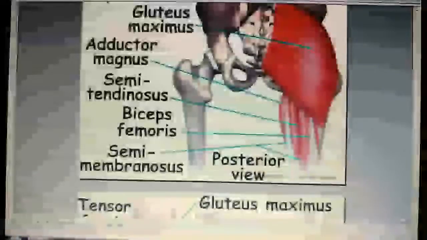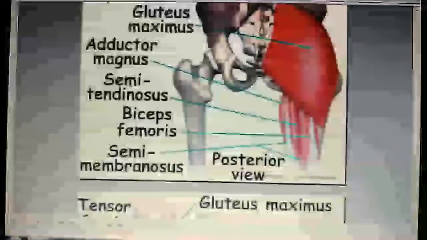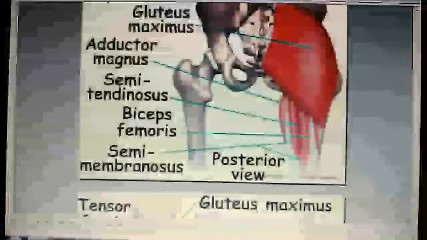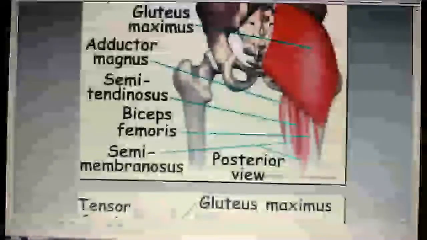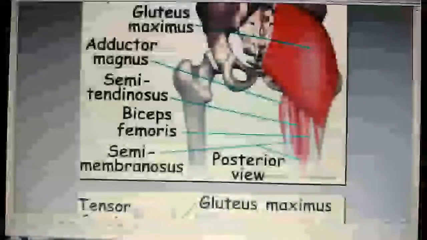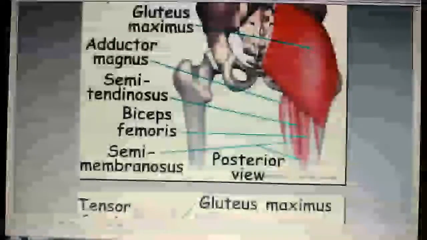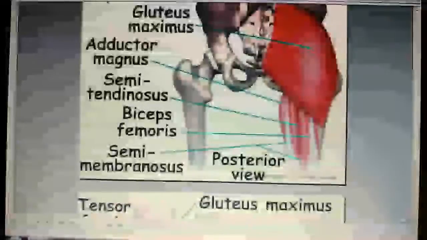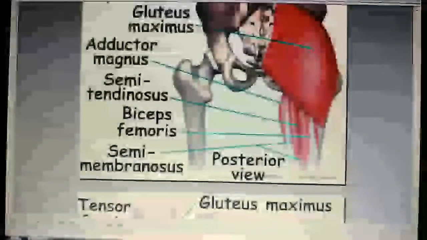Biceps femoris muscle origin: biceps femoris is a two-headed muscle, the long head originates from the lateral lip of the femur. Nerve supply: long head, first is sciatic nerve, common peroneal nerve is L5.